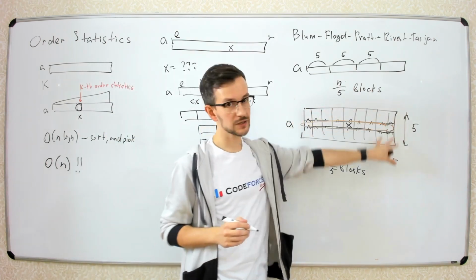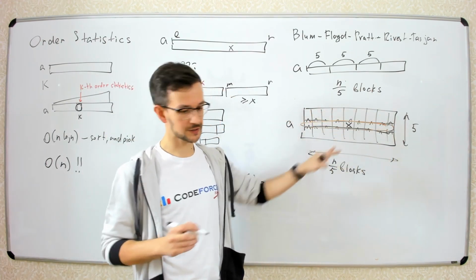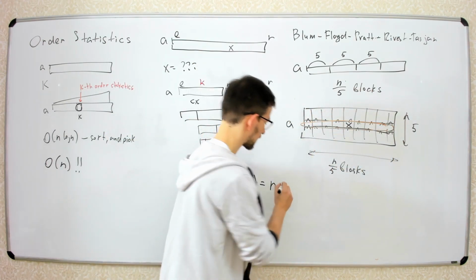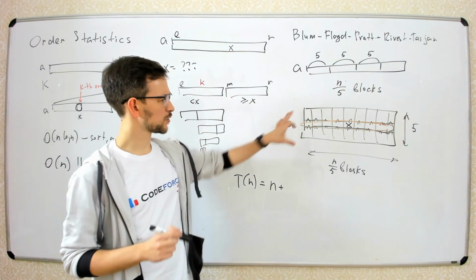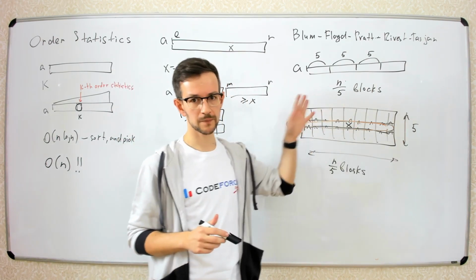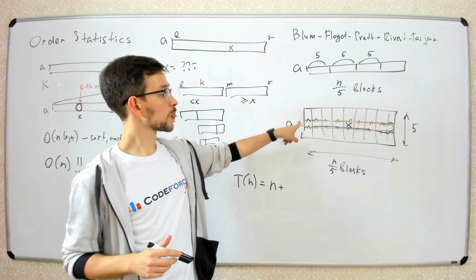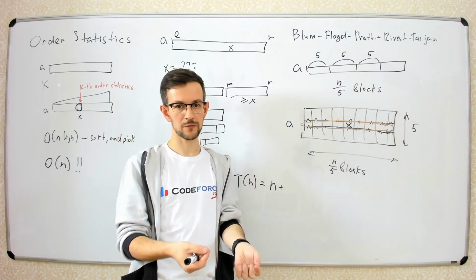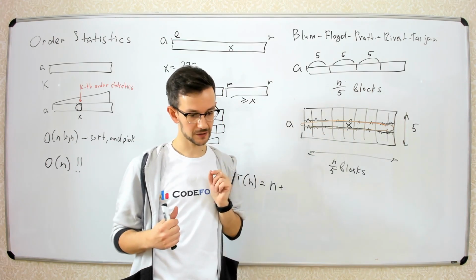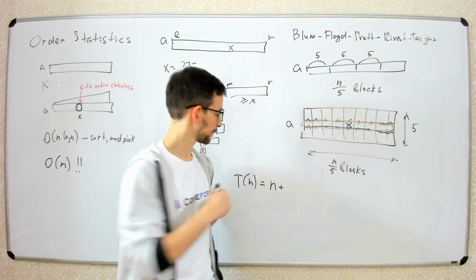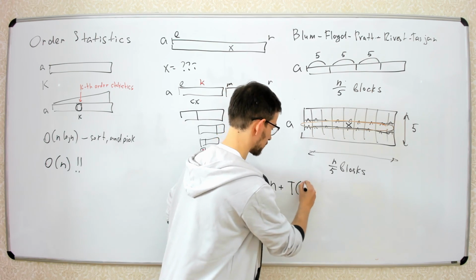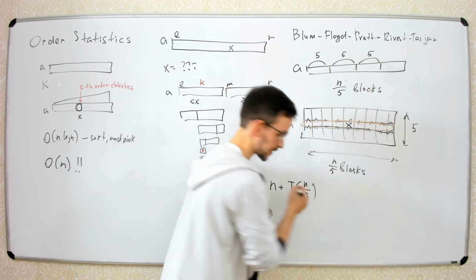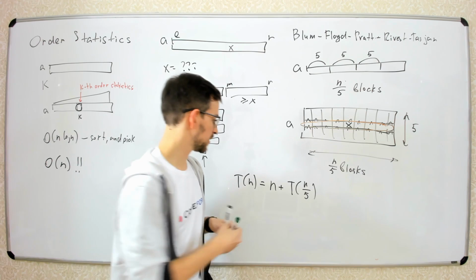First, we spend some linear time to make all this, just to find all these medians and so on, split everything. Now we take these median elements and call the same algorithm to find the median of all these medians. So we'll spend T of n over 5 time. This is to find the median element.